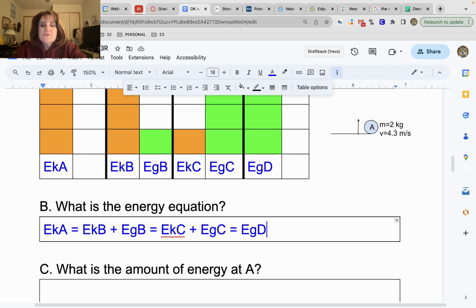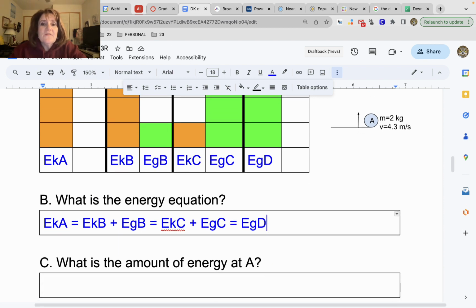Okay, so here's where things get fun and interesting. Part C says, what is the amount of energy at A? Well, at A, I have EkA. And the kinetic formula is 1/2 mv squared. So this is 1/2 times 2, that's my mass, times 4.3 squared.